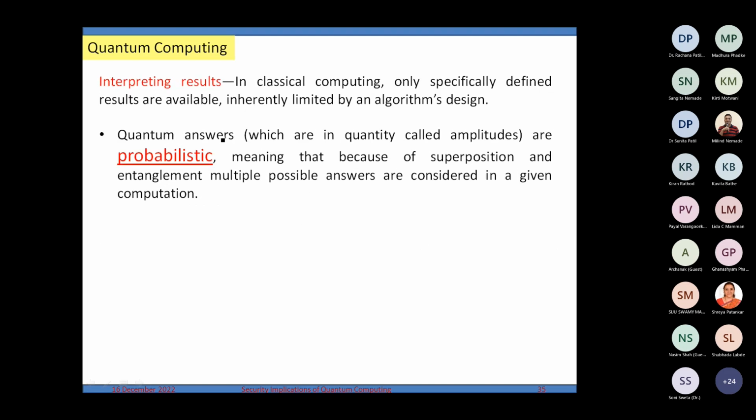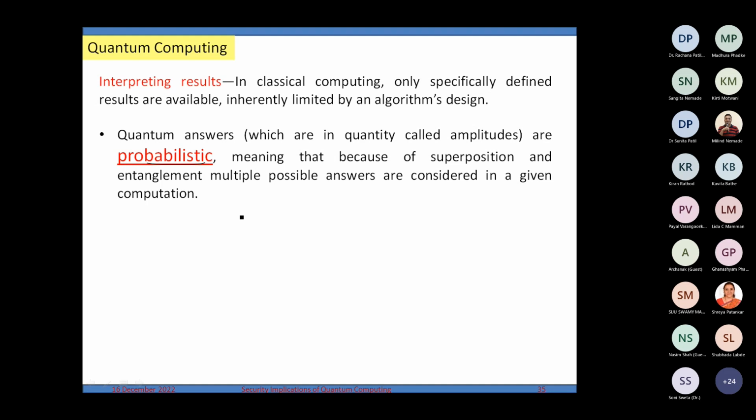How do you interpret results? In classical computers, we have defined states. Results are available in defined states, deterministic in nature. Whereas in quantum, the answers are probabilistic, meaning that because of superposition and entanglement, you have multiple possible answers for a given computation.